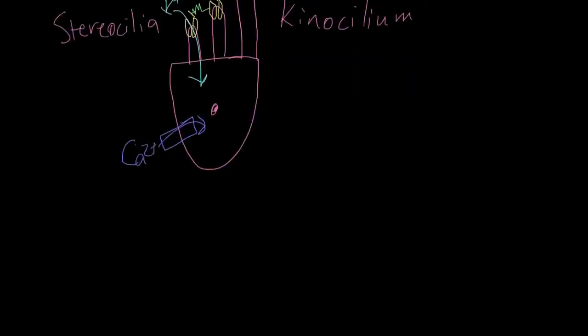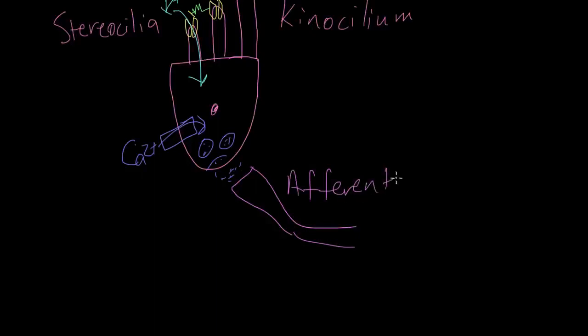And when calcium flows into the cell, it's going to allow these vesicles to release their neurotransmitter onto the afferent neuron going to the brain. So here's the afferent neuron, and that's going to go to the brain, specifically the auditory cortex.